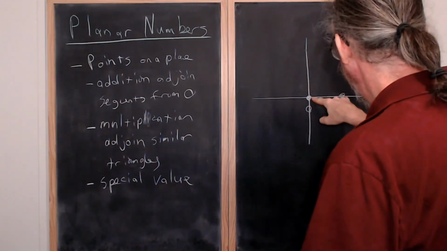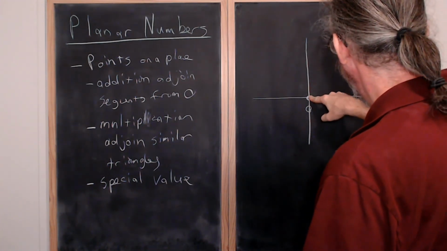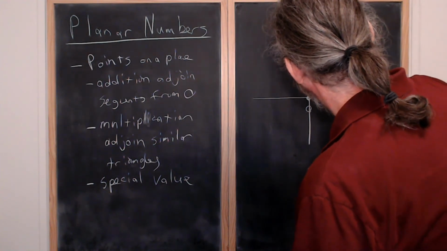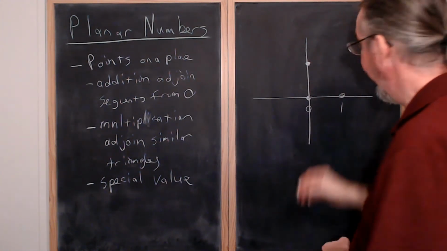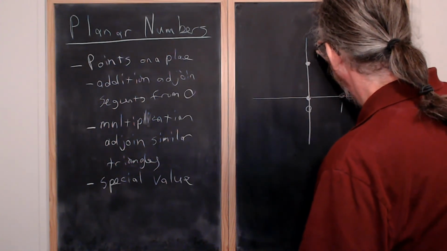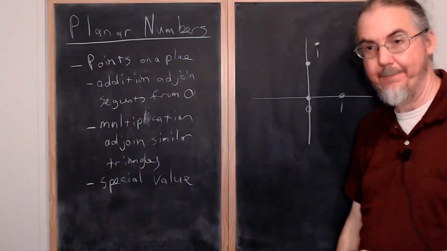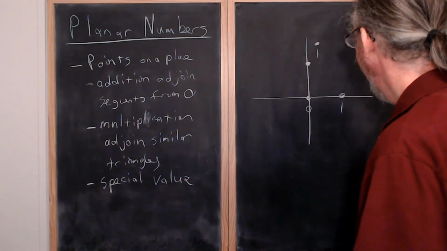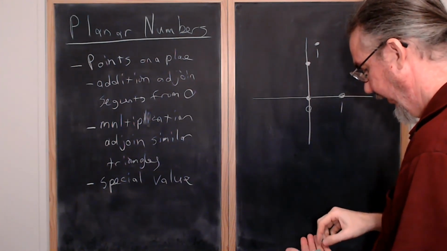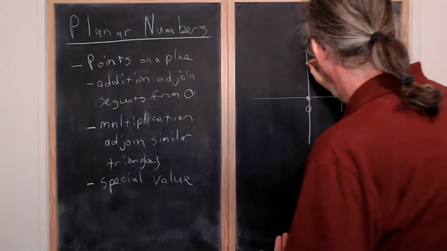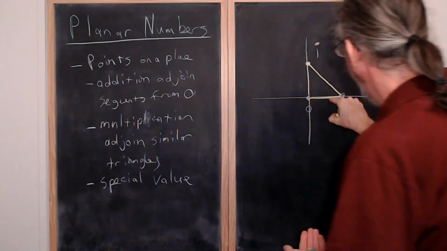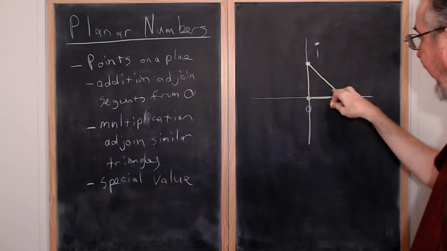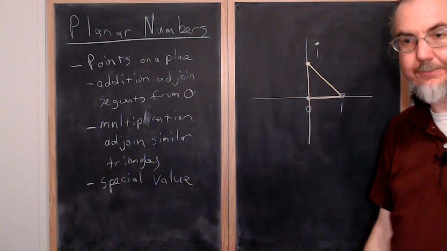And now I can take this length here and measure out that length here to get this point here. That for historical reasons, I'm just going to call this point I. Okay, and so now the triangle that I defines is this triangle here, that since these two sides are the same is going to be a 45, 45, 90 triangle.